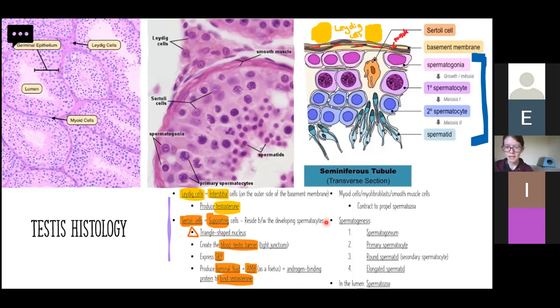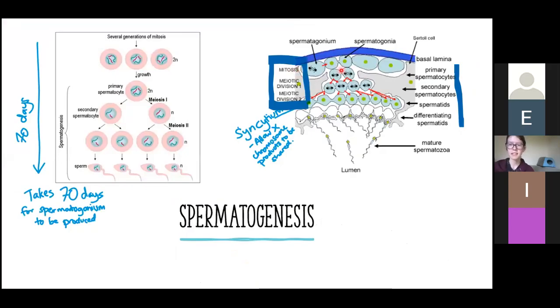And with the spermatogenesis, your first layer is your spermatogonia, and they're always there, and they divide by mitosis because males are continuously producing sperm, so that's going to continually divide. So by mitosis, you'll then make your second layer, your primary spermatocytes, and they will divide by meiosis 1, and they'll get your secondary spermatocytes.